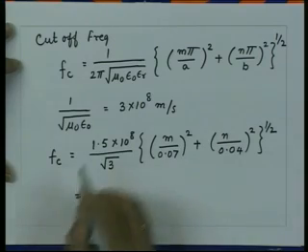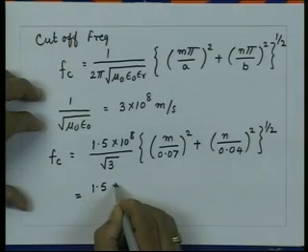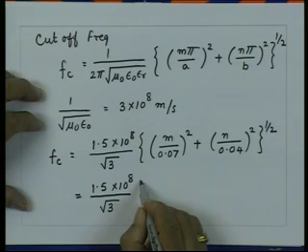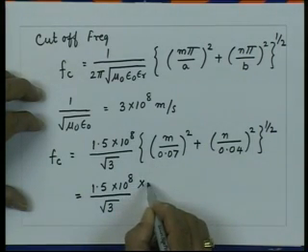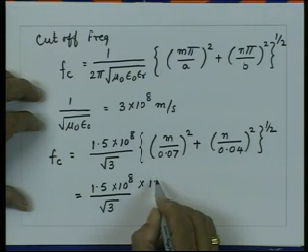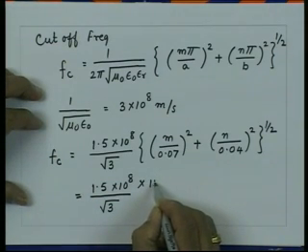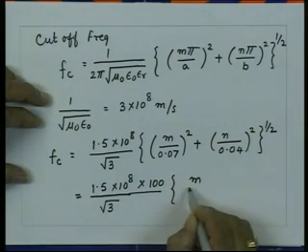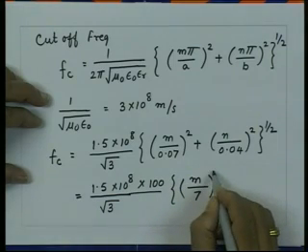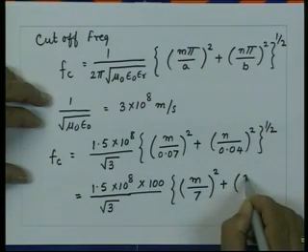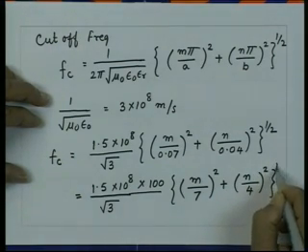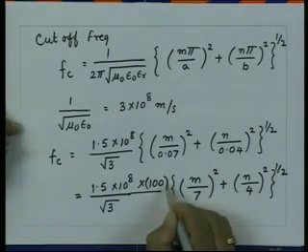Simplifying this, we get essentially 1.5 into 10 to the power 8 divided by root 3, into 100, into square root of (m upon 7) whole square plus (n upon 4) whole square. This will be 100 square here.